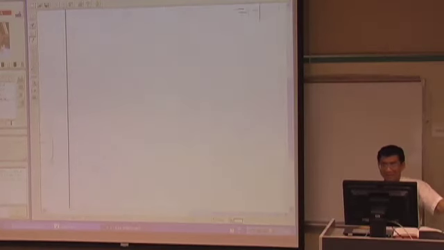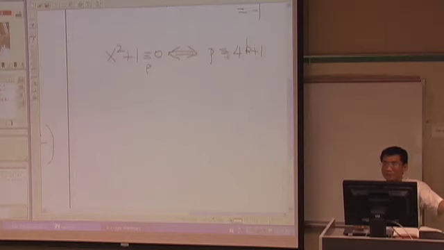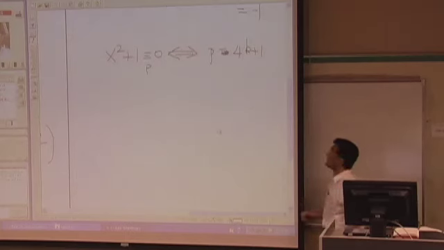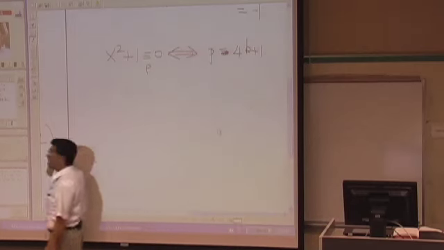Just after Wilson's theorem, I said x squared plus 1 has a solution if and only if, mod P, P is congruent to 4K plus 1, 4K plus 1 type. If it is not 4K plus 1 type, then the solution does not exist. So I already mentioned this before.